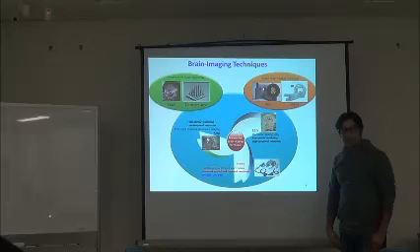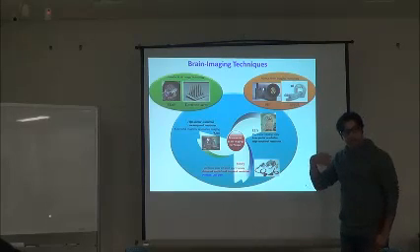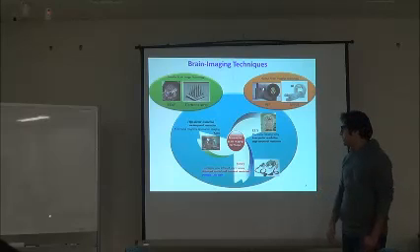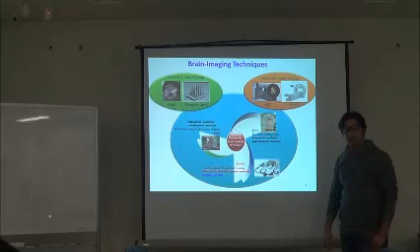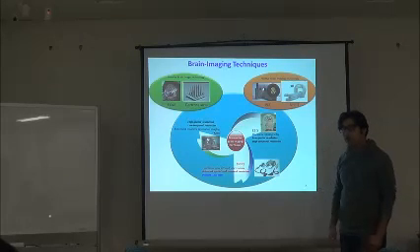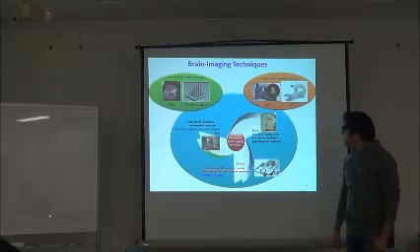EEG detects the electrical signal from the activation of neurons, postsynaptic signals, and fNIRS detects the hemodynamic response, or the changes in blood flow because of neuroactivation.